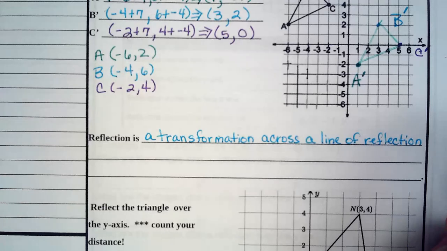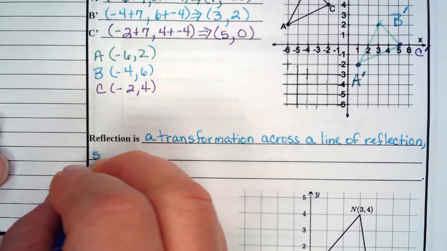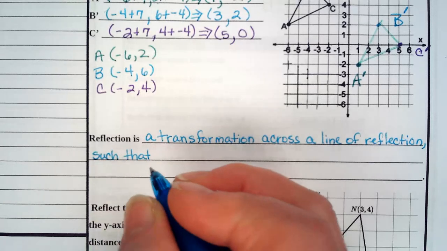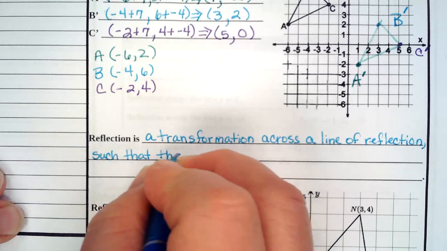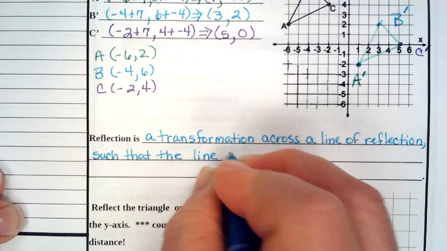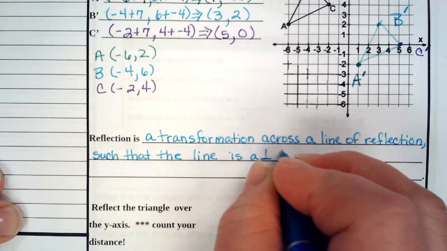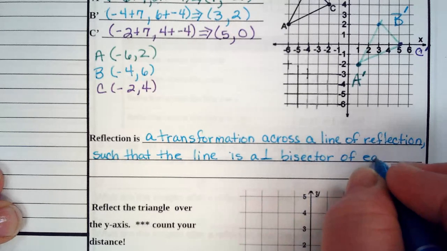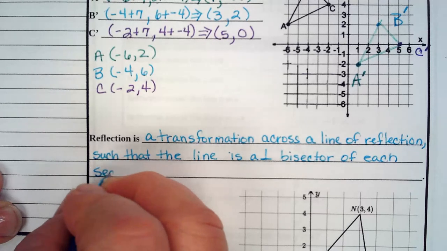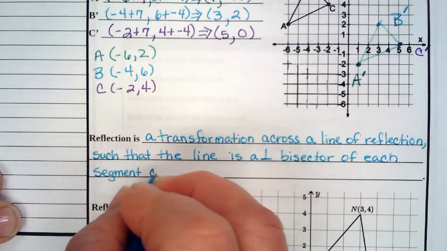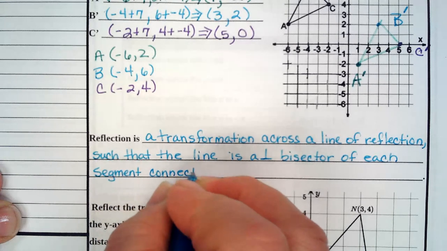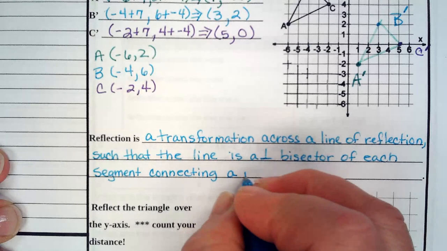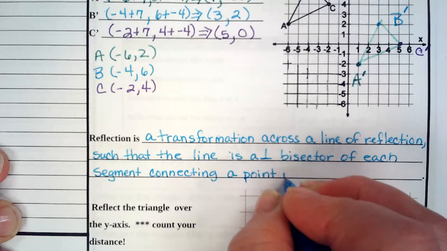Okay, so it's a transformation across a line of reflection such that the line is a perpendicular bisector of each segment connecting a point with its image.